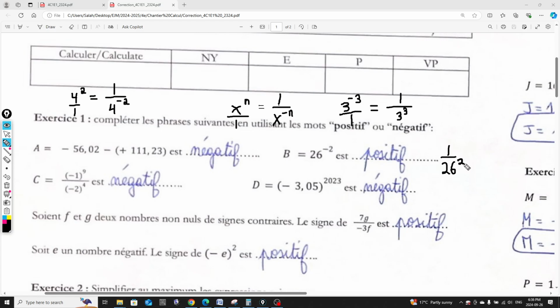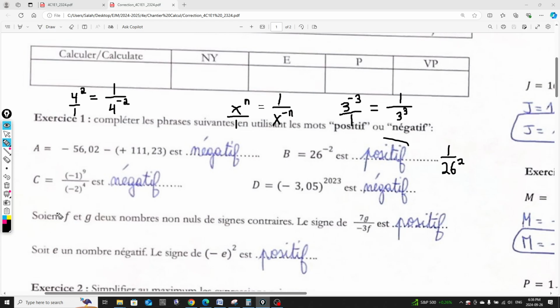So that's 1 over 26 to the power of 2, which is a pretty big number. When you go 1 divided by 26 squared, you're going to get something like 0.001 something. Although it's a very small number, it's still a positive number. So this one is actually going to be positive.